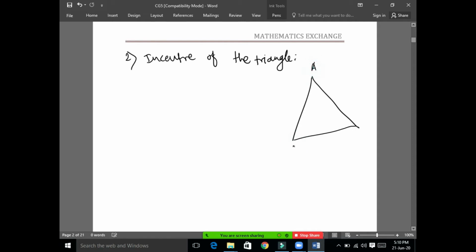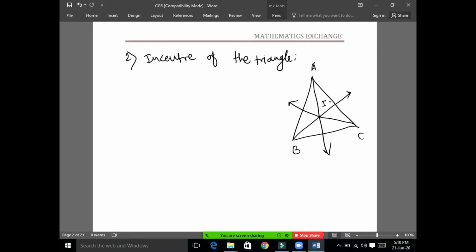Suppose this is a triangle ABC, and if we draw the bisectors of the angles, obviously three bisectors must be there. So this is the bisector of angle B, another is the bisector of angle C, and this is the angle bisector of angle A. So the point where these three bisectors meet is known as the incenter of the triangle.